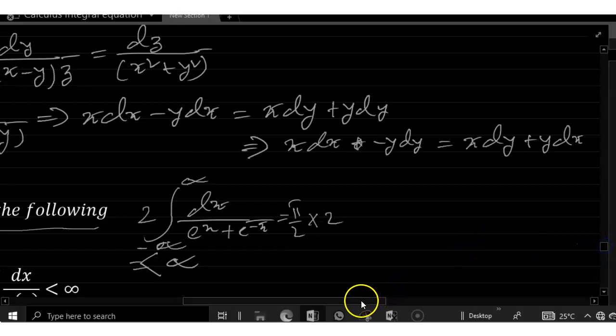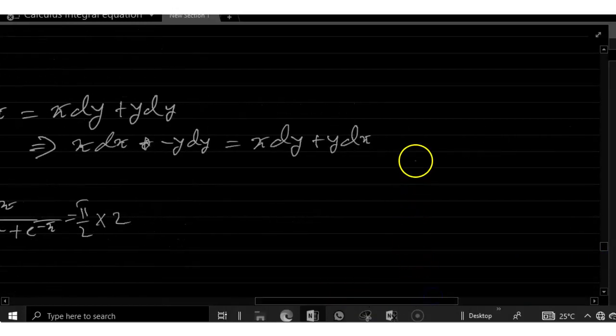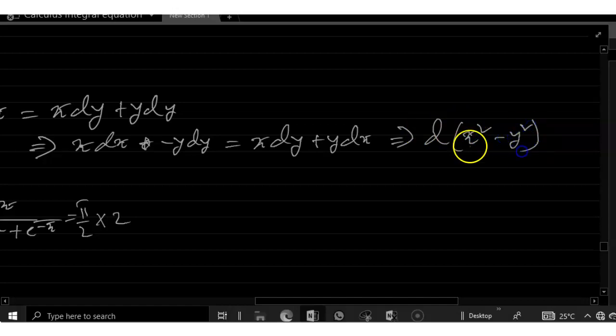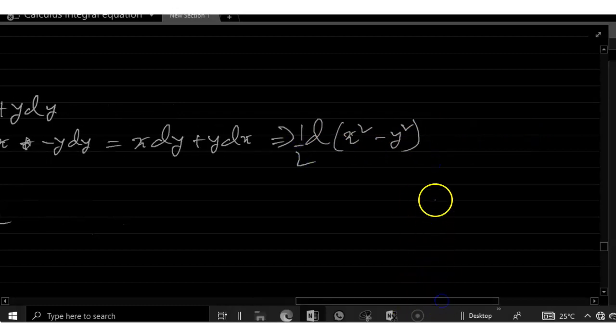So it can be written this way: d of (x squared minus y squared) into half equals to d of xy.